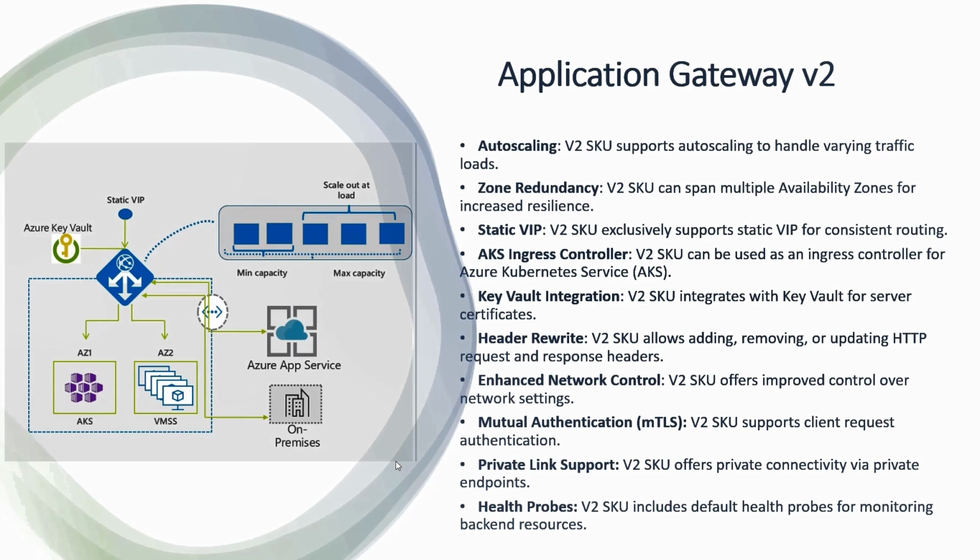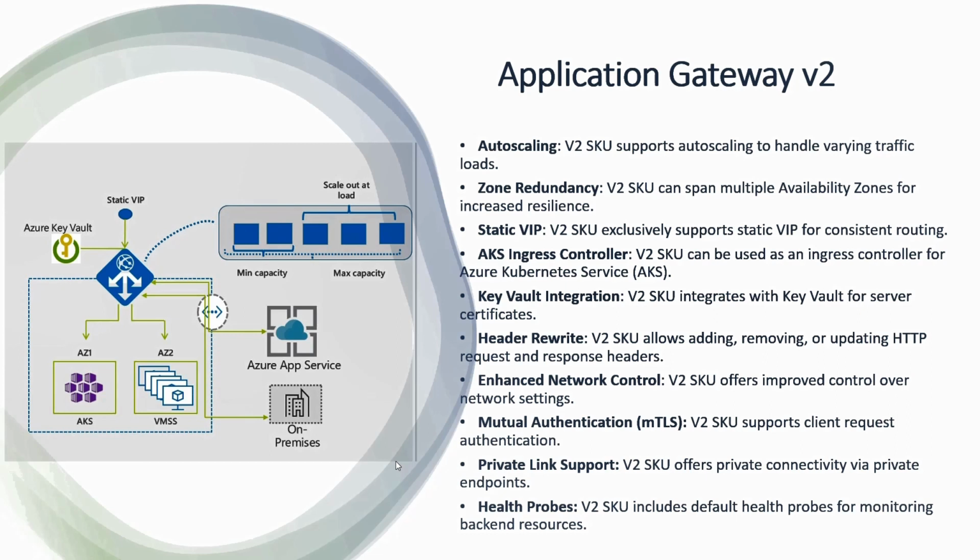Version 2 also supports header rewrite and enhanced network control, which we have already discussed. Now mutual authentication is supported by version 2. Mutual authentication is also called client authentication, where the web browser used by the user has to present the digital certificate to application gateway, and then application gateway verifies that certificate against its own certificate.